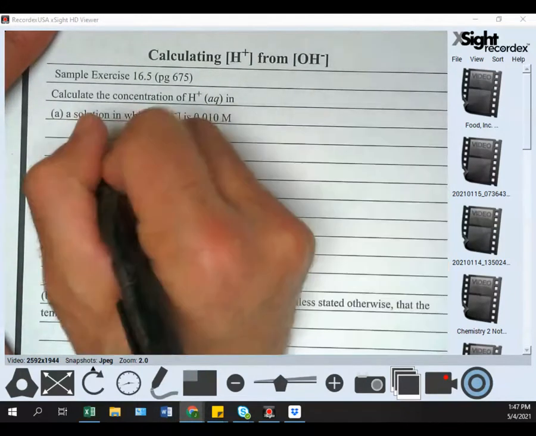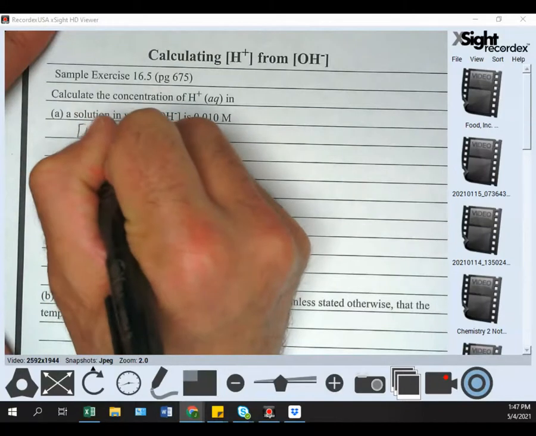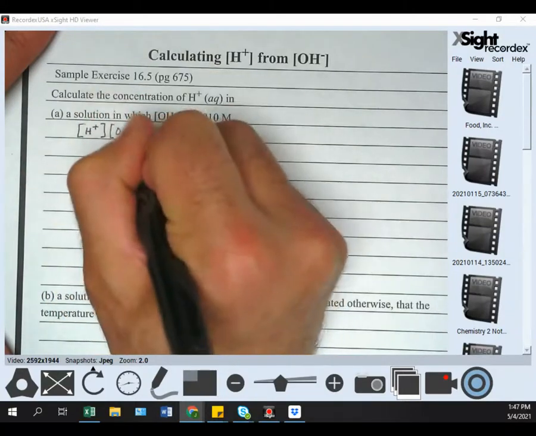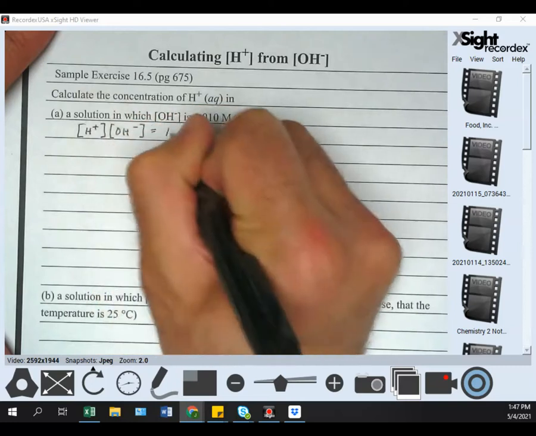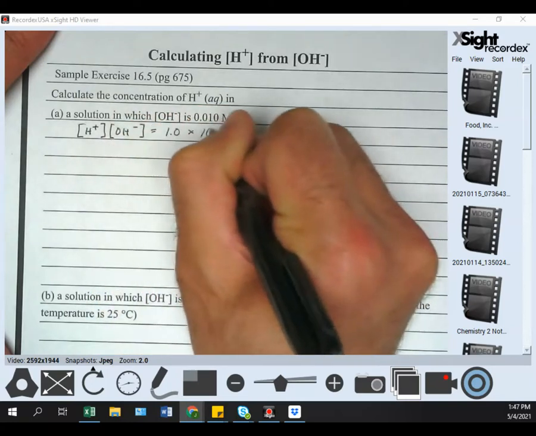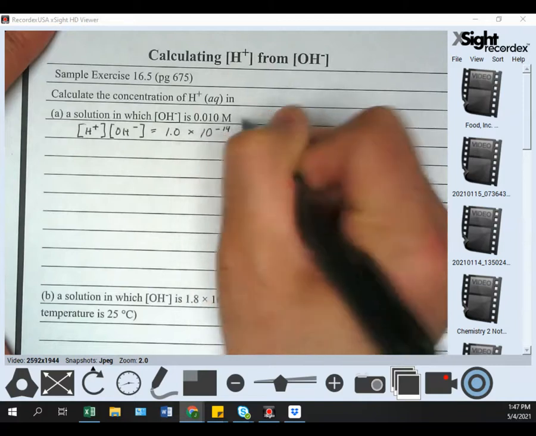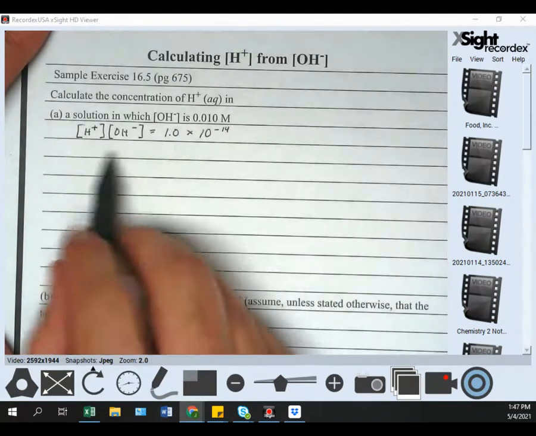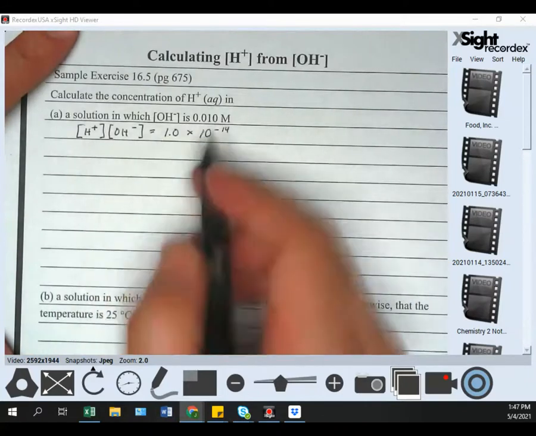So our equation is concentration of hydrogen times the concentration of hydroxide equals 1.0 times 10 to the -14th, and we plug in the hydroxide.